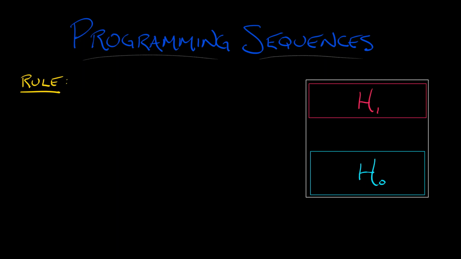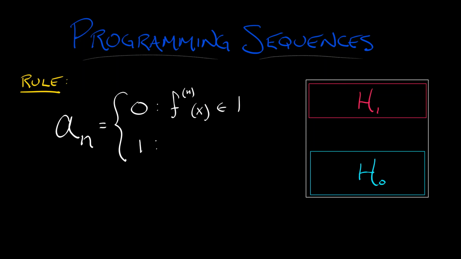The nth digit, a_n, in the itinerary is either a 0 or a 1. It's a 0 if the nth iterate of the horseshoe map applied to this point x lies in the horizontal strip H0. The digit is equal to 1 if the nth iterate of this point x under the horseshoe map lies in the strip H1.